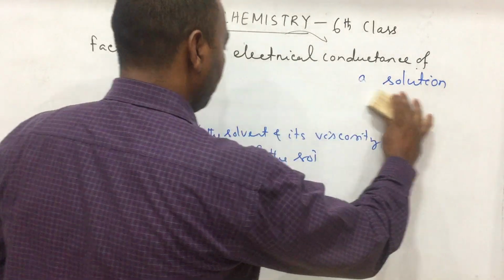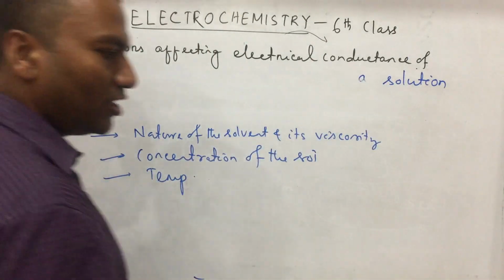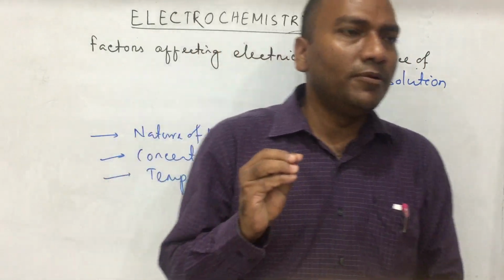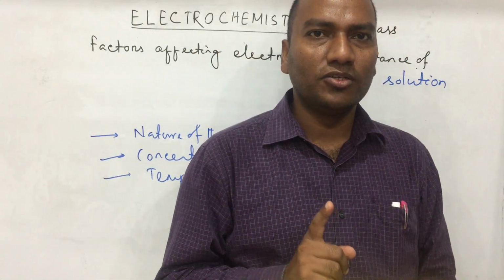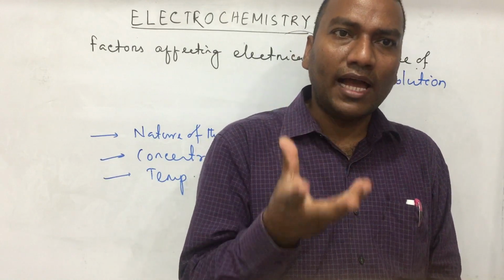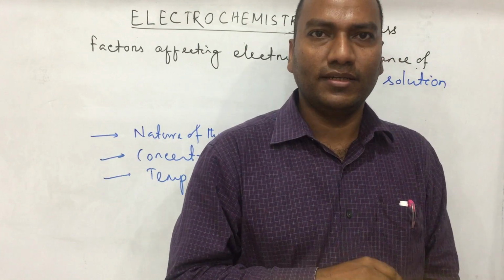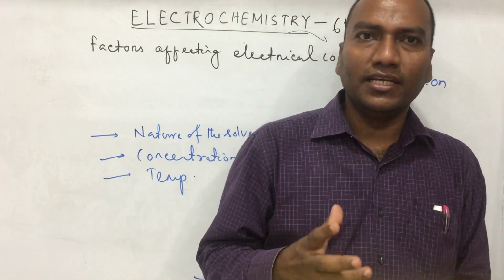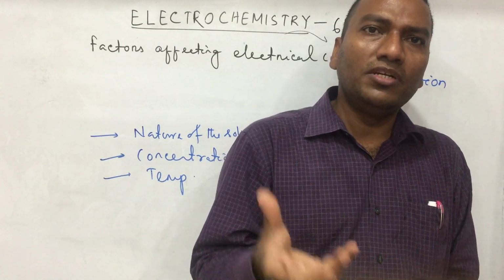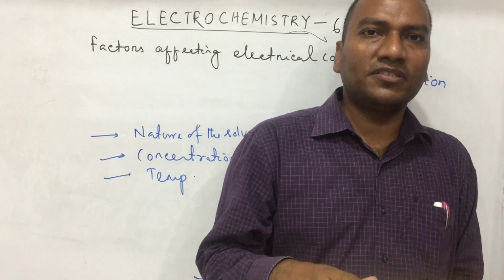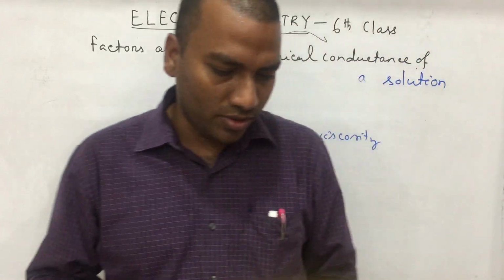Third point is nature of the solvent and its viscosity. Suppose we take the example of sodium chloride. It is an ionic compound. Ionic compounds are highly soluble in a polar solvent and insoluble in a non-polar solvent. So when the solute is ionic and the medium is polar, its conductance is more. Clear now?